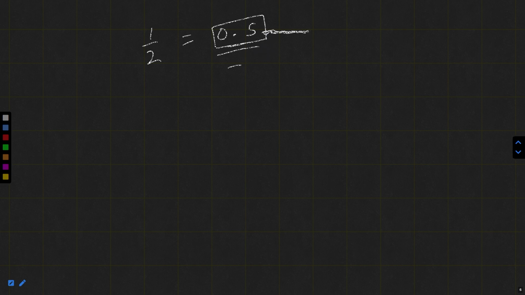So it is a terminated number. Clear? And if you talk about non-terminating numbers, like 1 by 3, what is 1 by 3? It is 0.333, it goes forever, 3333. So it is not terminating.